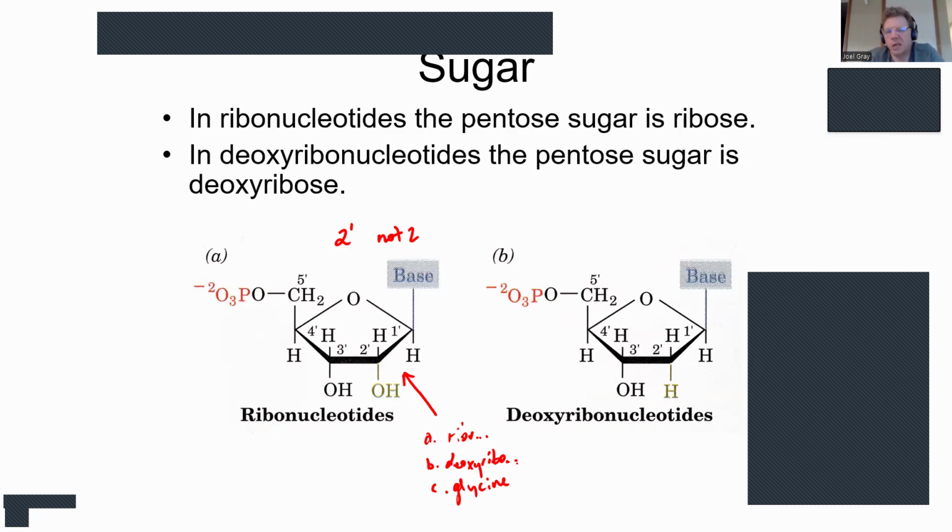Why? Chances are, if they're anything like a younger Joel Gray who took Dr. Forrestner's class years and years ago, they are saying, ooh, deoxy, ooh, oxy, that has an oxygen in it. Perfect. Done.